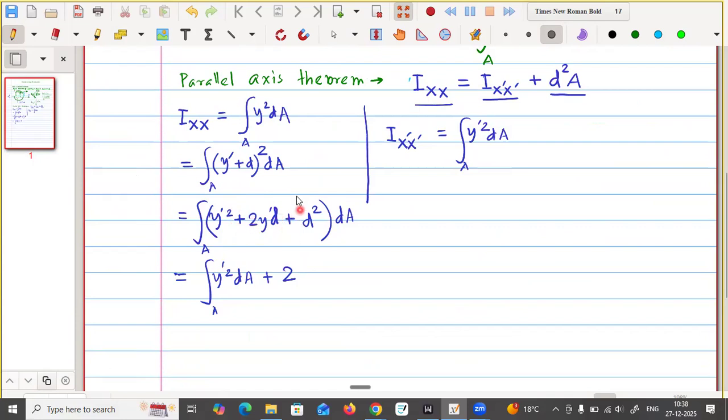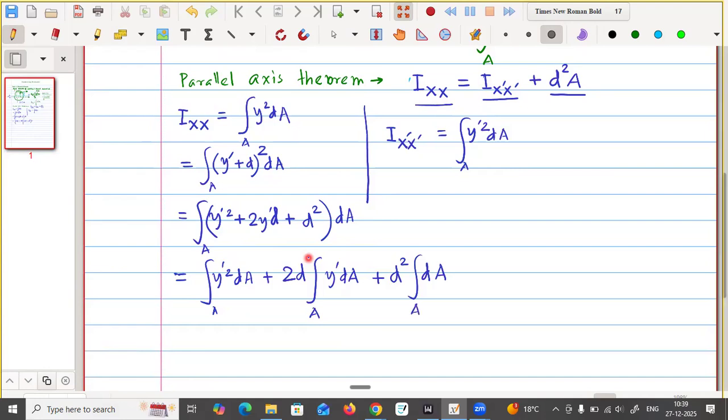So 2d can be taken out of the integration over the area. That we have to understand. So it will be 2d integration over area y prime dA plus, now d is constant, so d square, or d is known, you can say, means for this integration d will not vary, therefore it can be taken out.